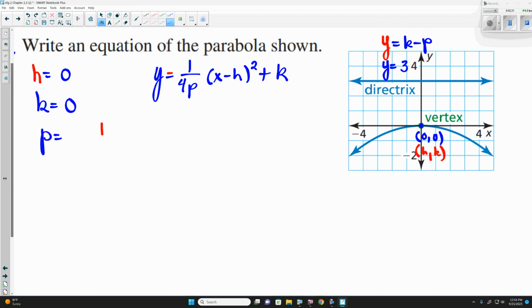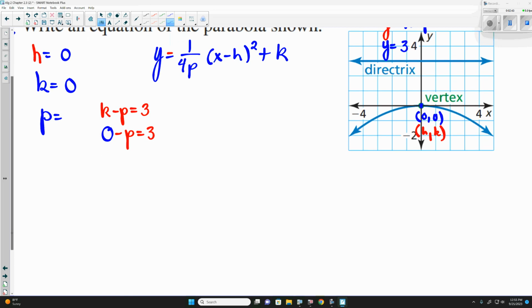According to our formula, k minus p is equal to 3, because if we plug in the values of k and p into the equation, we get a value of 3. Now we know what the k value is. It is 0. So we can plug it in for k, and now we just need to solve for the value of p. Well, 0 minus p is just negative p, is equal to 3.